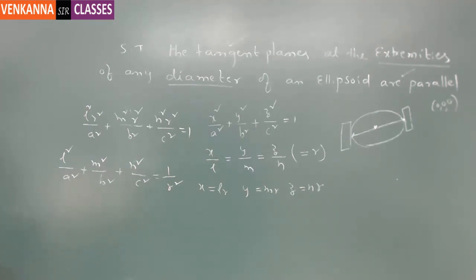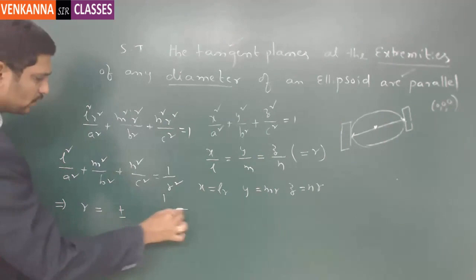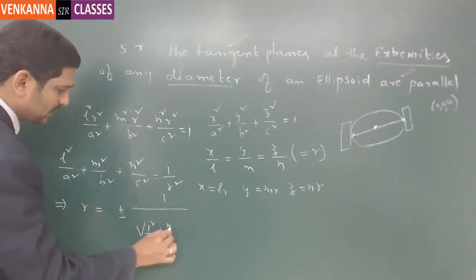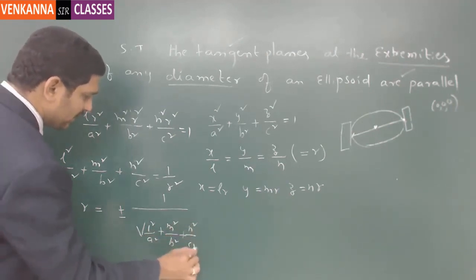Right. Now let us take the reciprocal and let us consider the value of r. So this implies that r equals plus or minus 1 by square root of l square by a square plus m square by b square plus n square by c square.